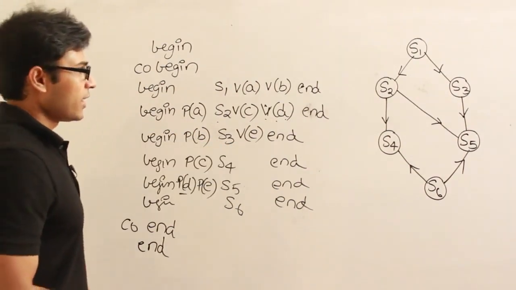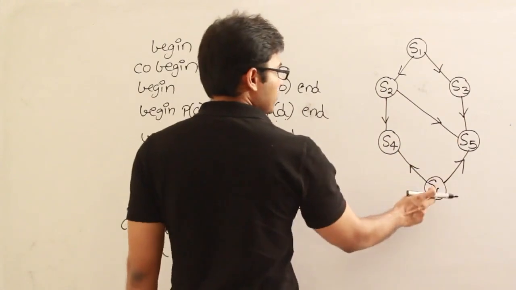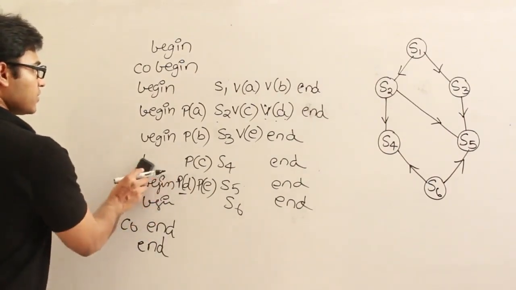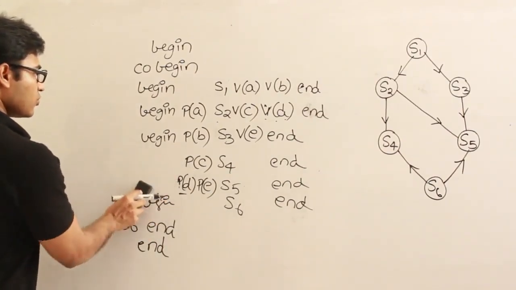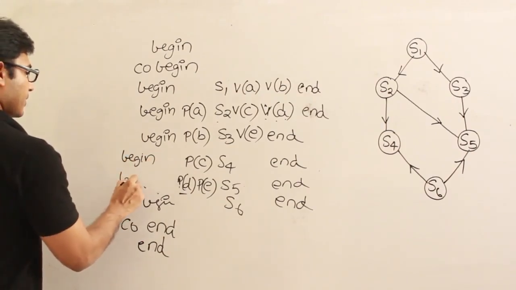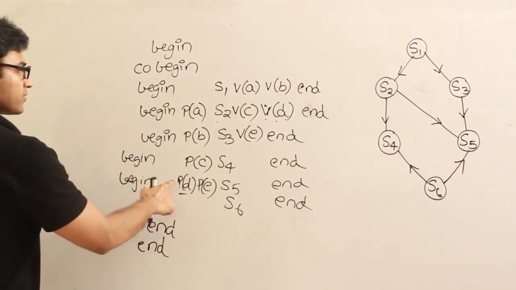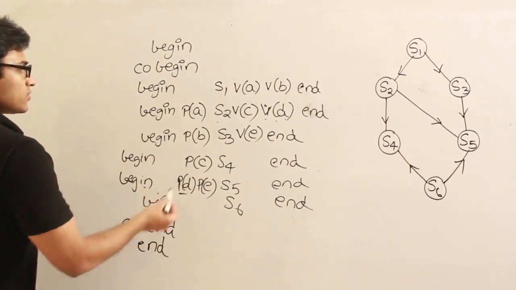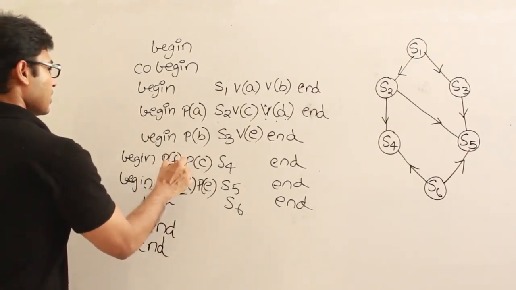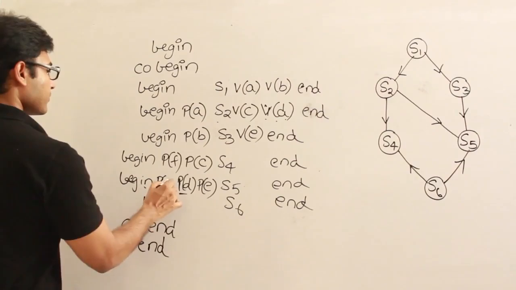There is one more thing, S4 and S5 should also wait for S6, right? So S4 and S5 should wait for two more semaphores. See this, S4 and S5 should not start so easily. So S4 should wait for one more semaphore, let us say P on F, and S5 P on G, right?